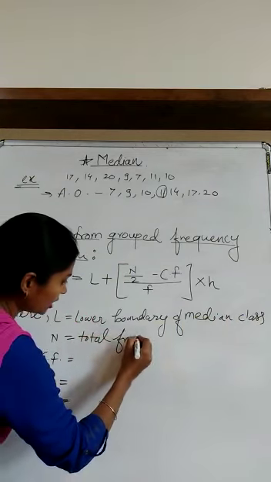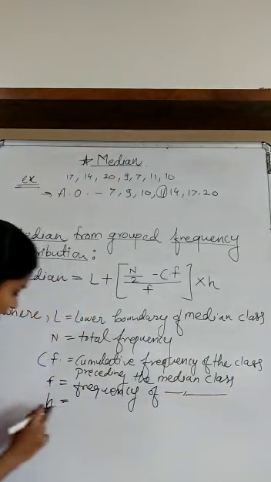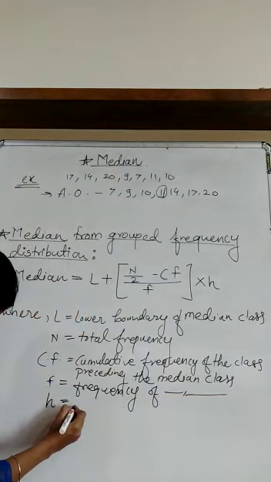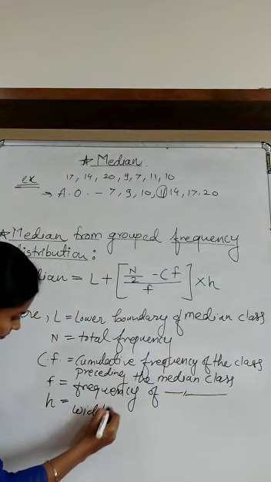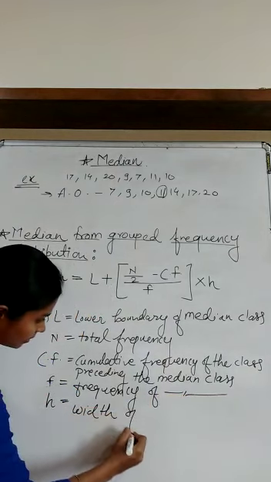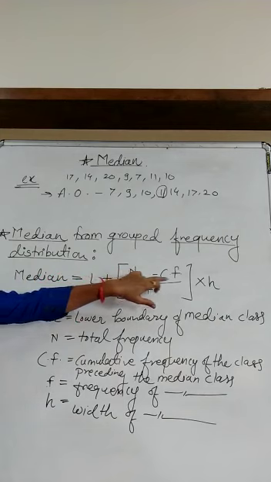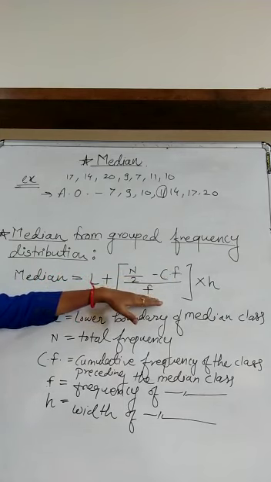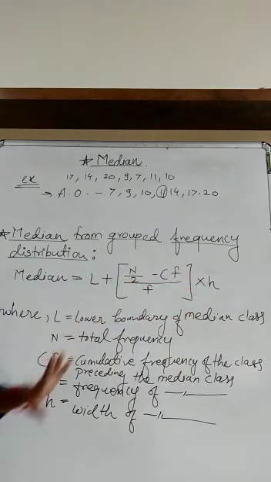Then f we are taking as the frequency of the median class. Capital H is the width of the median class. So these are the things we should know while using this median formula: L plus, n by 2 minus cumulative frequency by f, whole bracket, multiplied by h.